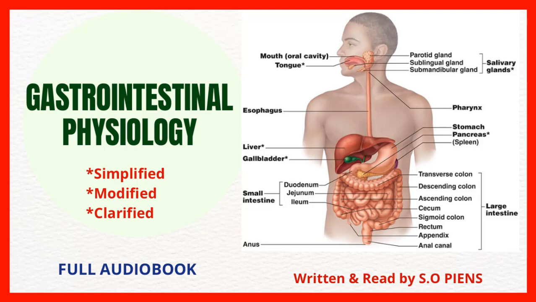The slow waves, otherwise known as the basal electrical rhythm, give rise to spike potentials when they rise beyond the basal level. All right.